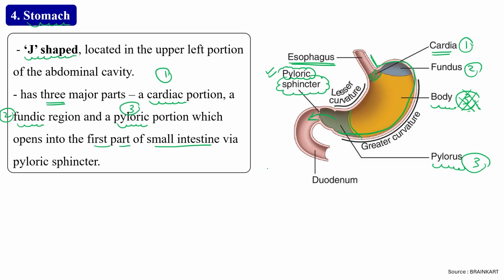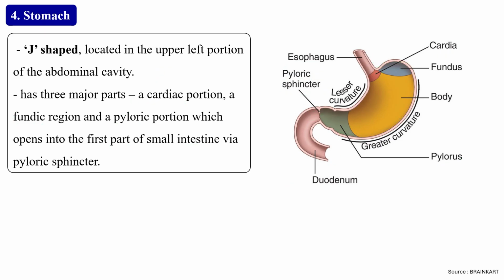So it opens into the first part of the small intestine. What is the name of that first part? Duodenum. This is the first part of the small intestine, the duodenum, through the pyloric sphincter. Clear?